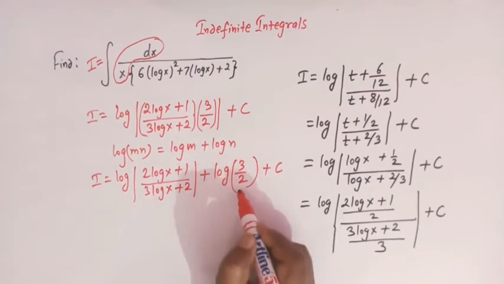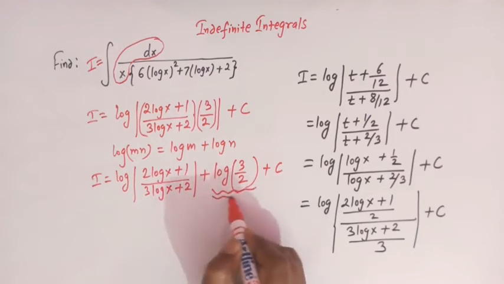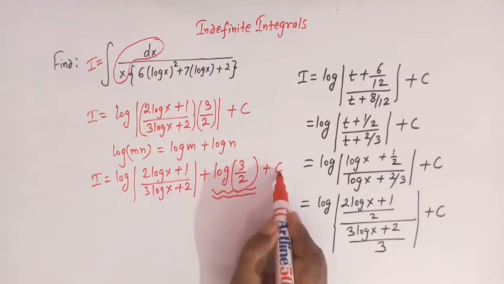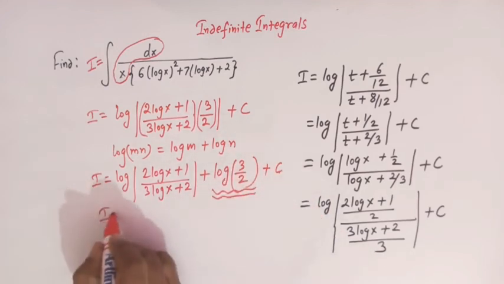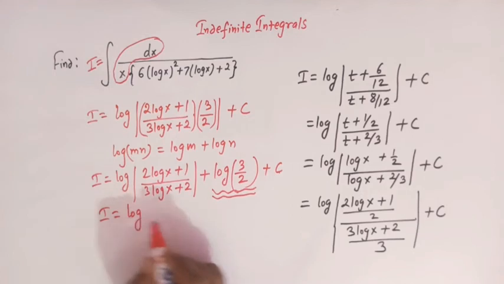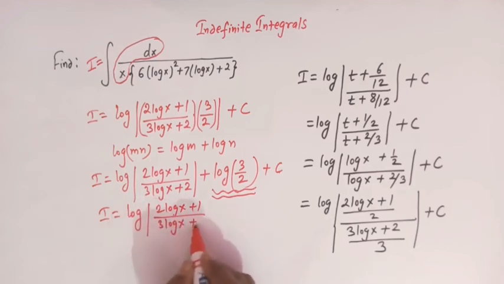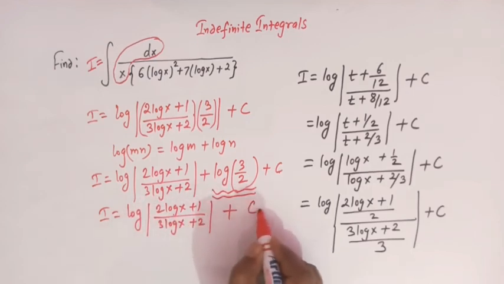Now log of 3 over 2 is again a constant, and constant plus constant can be replaced by another constant. So I can finally be written as log of 2 log x plus 1 over 3 log x plus 2 plus c1, right?